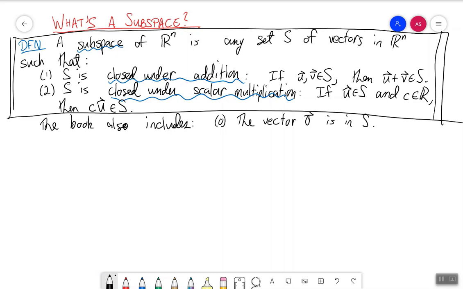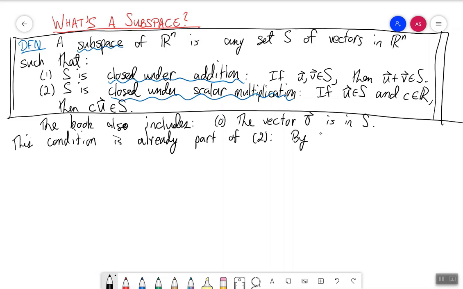But that's not actually anything different than the definition that we already have. Why is that? This condition is already part of 2. Well, the real number 0 is in particular a real number.